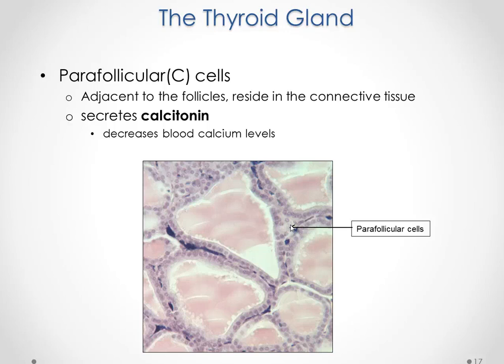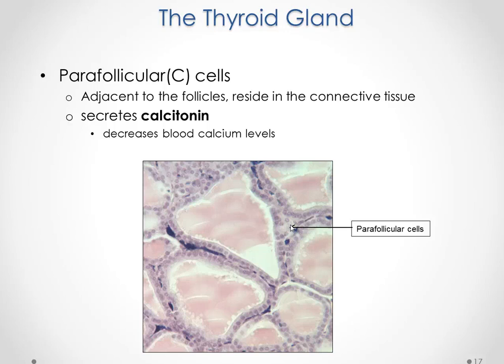Now, this calcitonin is going to be decreasing the blood calcium levels in a certain way. If the blood calcium levels are too high, that calcitonin is going to be released. The calcitonin is going to go to the bones and it's going to inhibit a cell in the bones called osteoclasts.